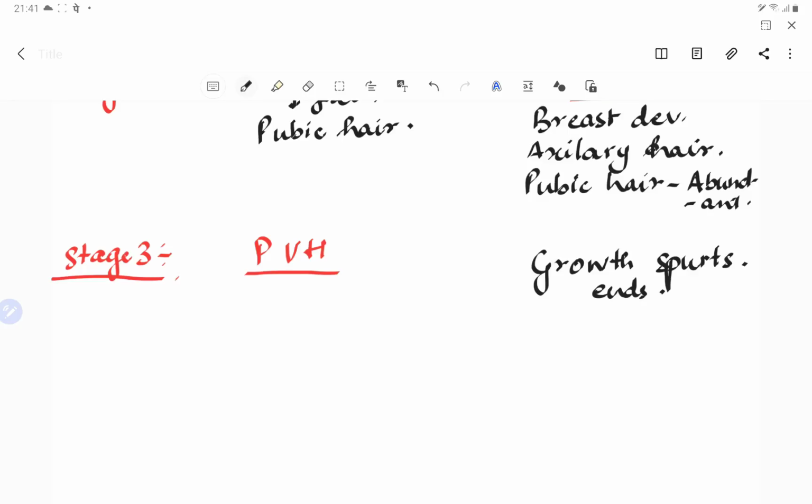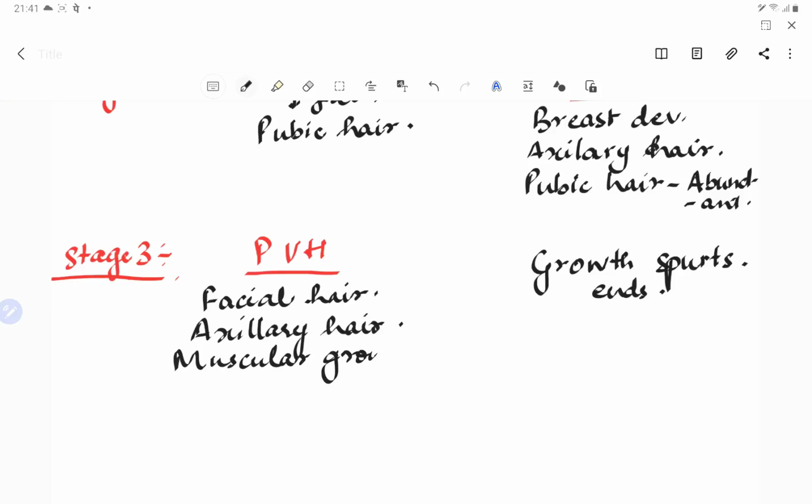Now in the boys, in stage 3 we see facial hair, especially on the upper lip, so we see a moustache coming up. Also we see axillary hair in boys, and muscular growth.